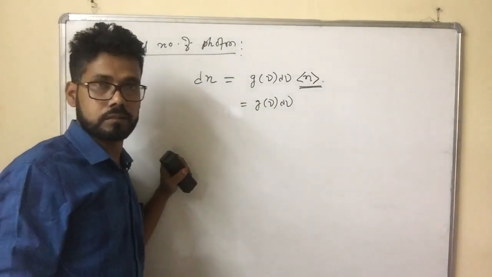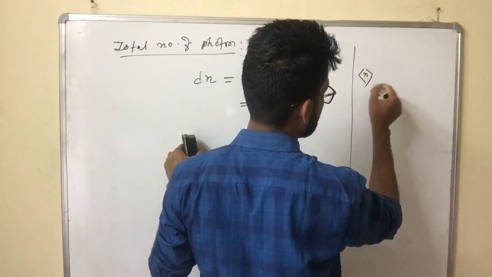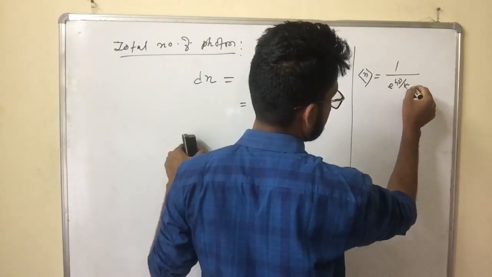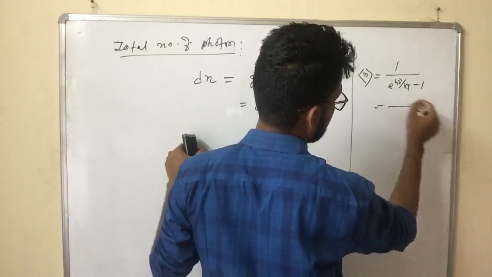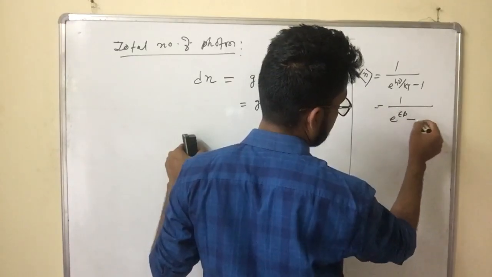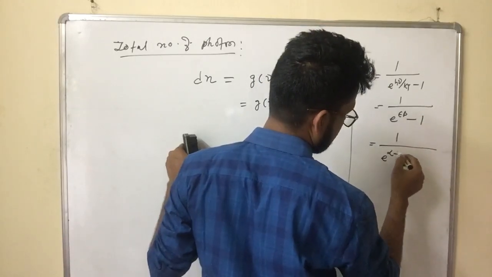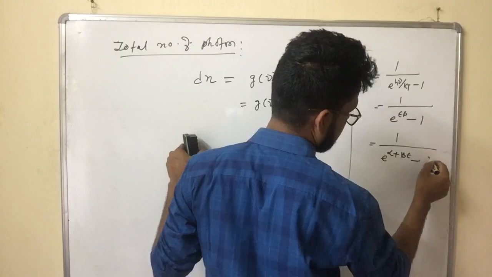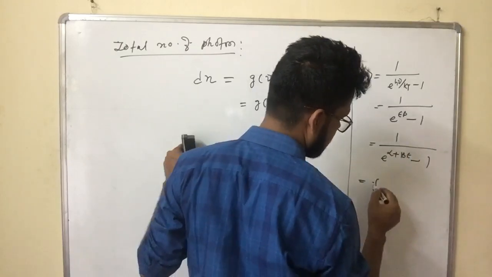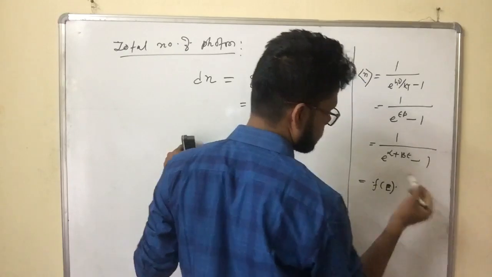which is the Bose-Einstein distribution function, because the average number we got is 1 by e to the power h nu by kT minus 1. It is equal to 1 by e to the power alpha plus beta E minus 1. This is known as the Bose-Einstein function, f(E).